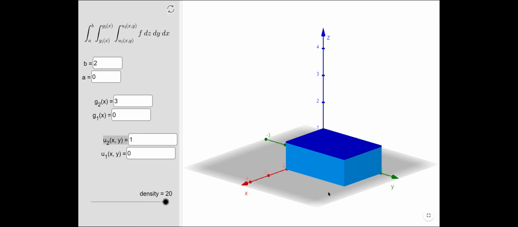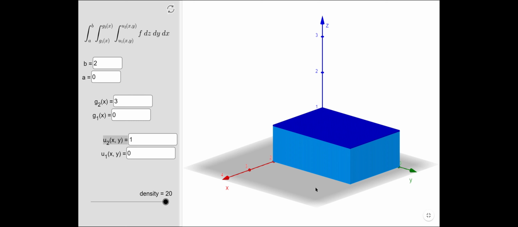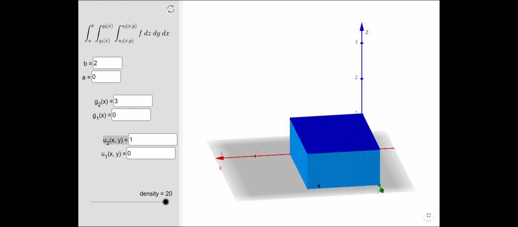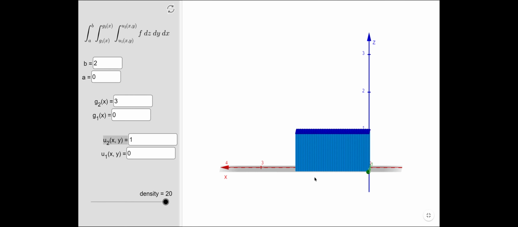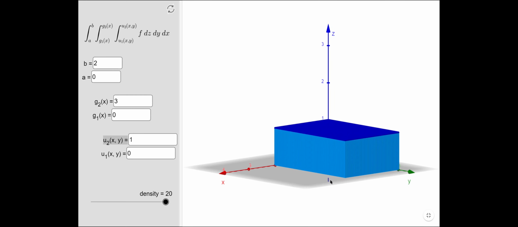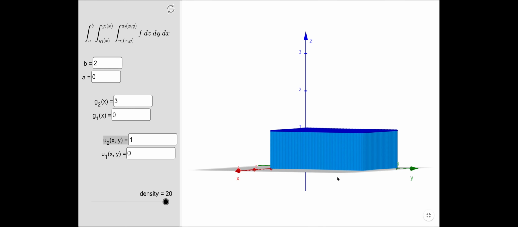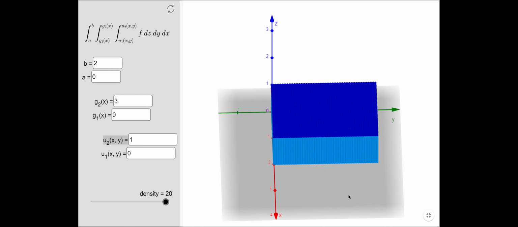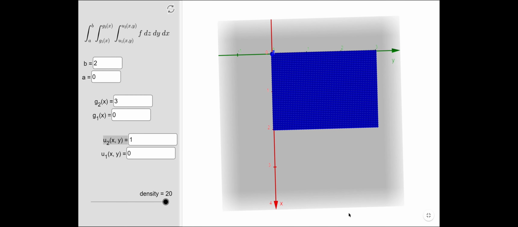It can be a solid rectangular box where the side lengths are not all the same. So for example, here the width is 2, the height is 1, and the length is 3.